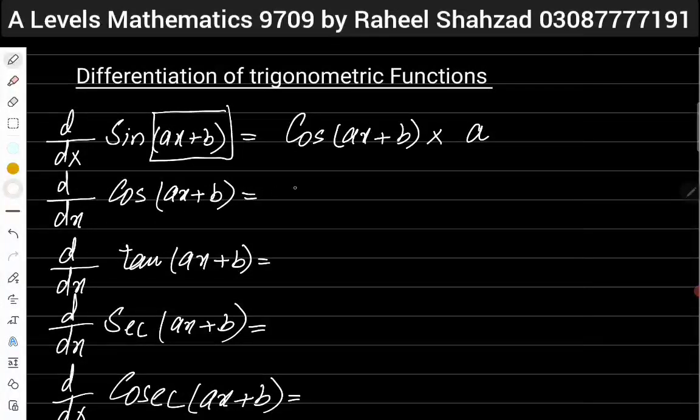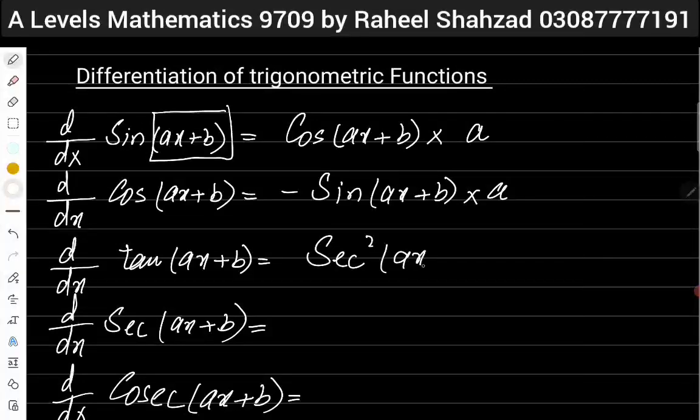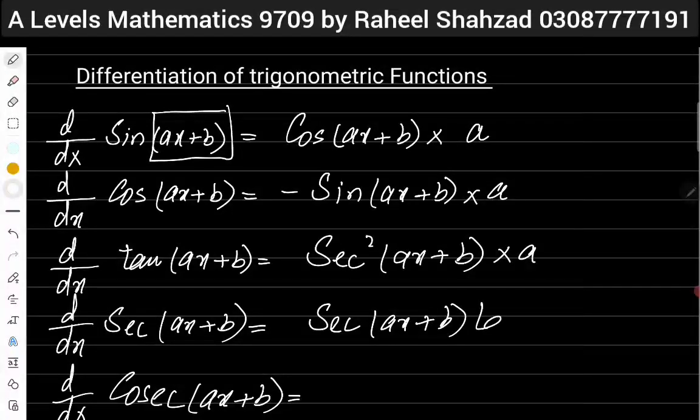Similarly, derivative of cos is going to be minus sine ax plus b into derivative of angle. Derivative of tan is secant square ax plus b into a, that is angle of derivative. Okay, derivative of secant is secant x tan x into derivative of the angle, right?